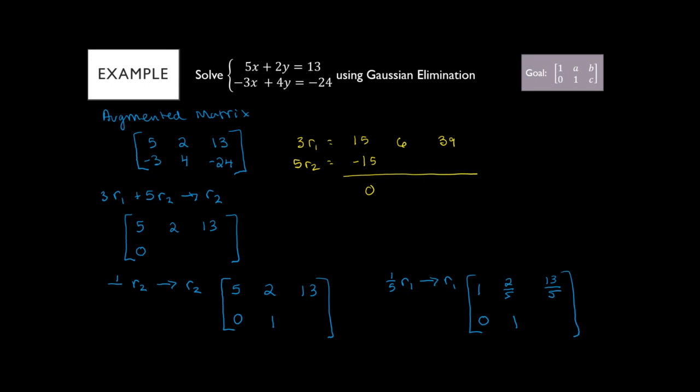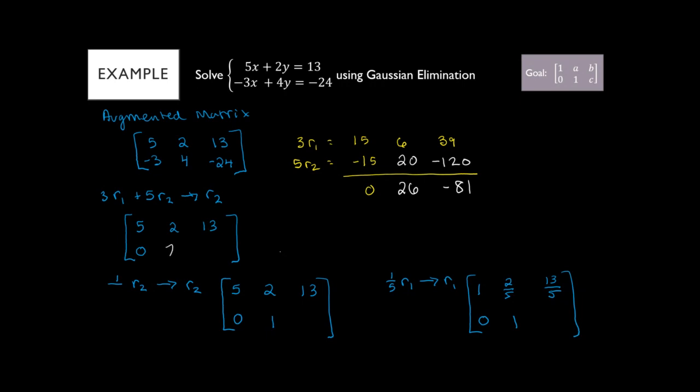Okay, so let's make sure that I'm actually doing that correctly. So 4 times 5, that should be 20, which will be 26. Negative 24 times 5, negative 120. 39 minus 120, that's going to be negative 81.